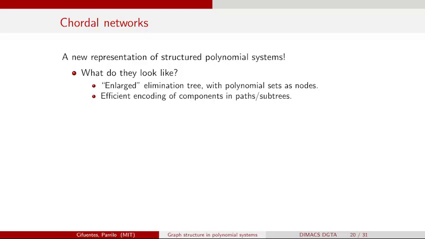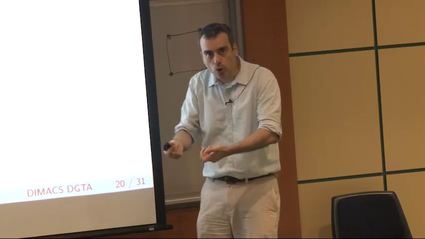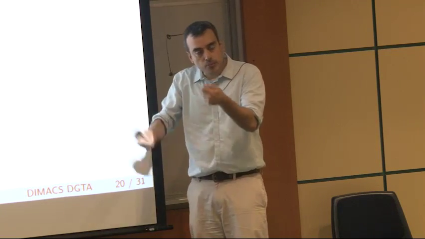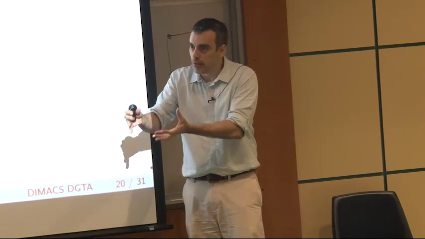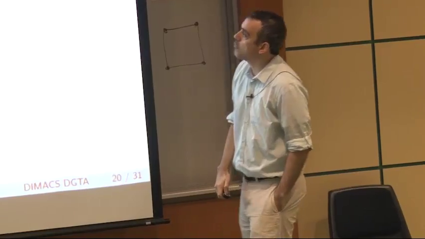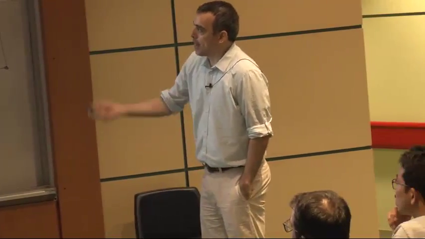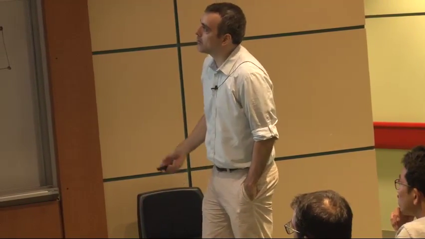But also, and what's very important, it will give a very clever encoding of all the solutions in terms of subcomponents, either paths or subtrees of this particular network. There's going to be a way of encoding or reusing exponentially many objects in terms of some small diagram. And I'll give examples and I'll show why that's useful.